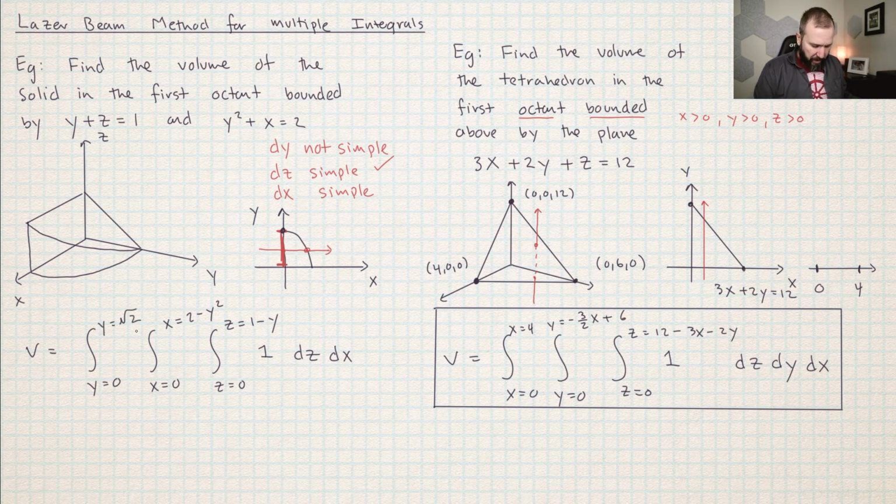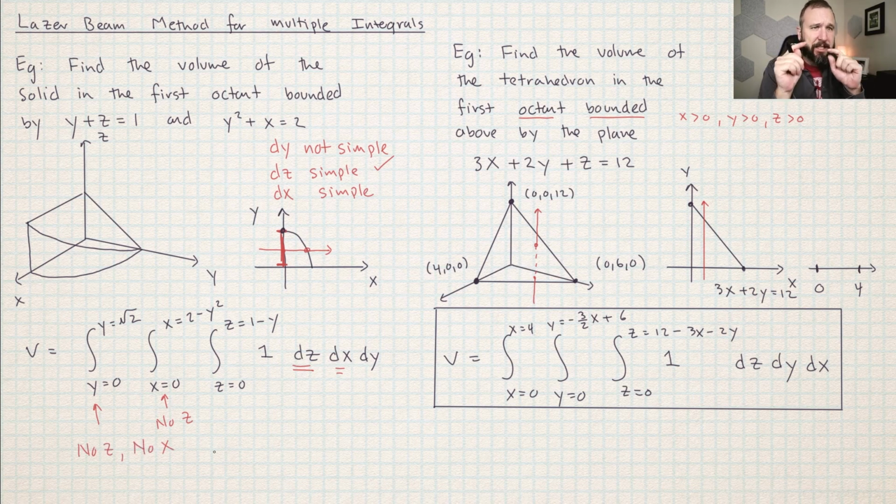Observe that when you do this process, if you do dz first, then you should have no z's left in that middle term. Then since I did dx, this right here should have no z and no x.